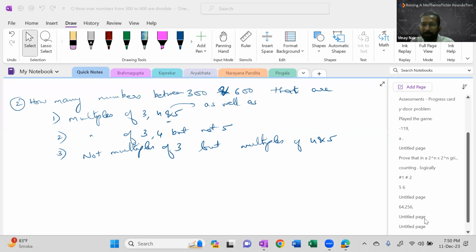Sir, actually the battery of this computer is really fast, and currently the internet's not working. Okay, all right, okay.